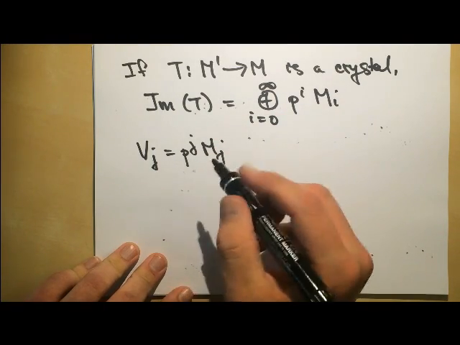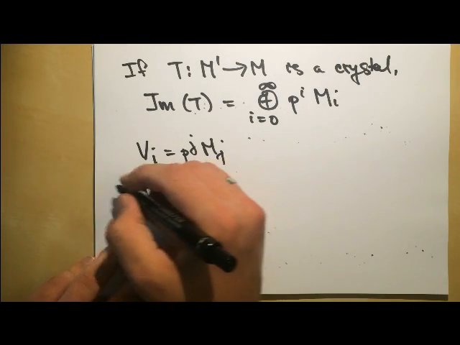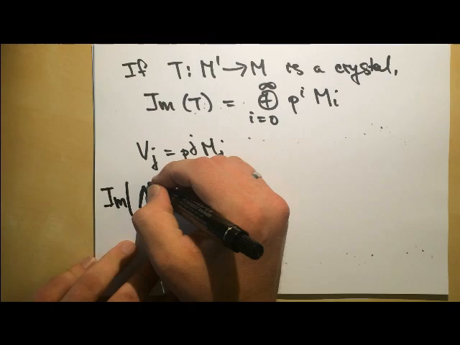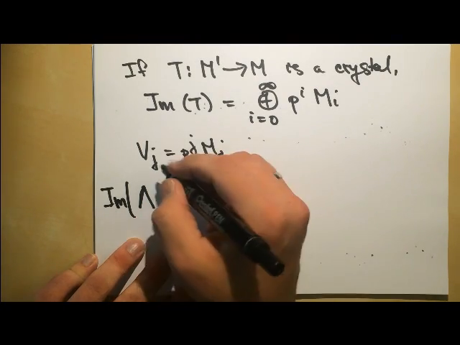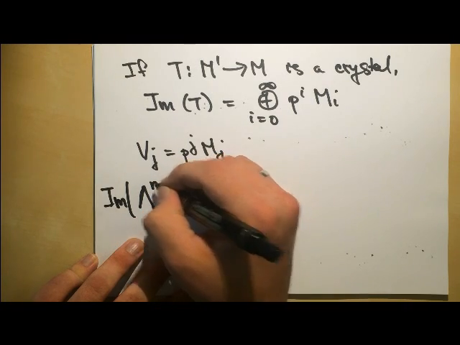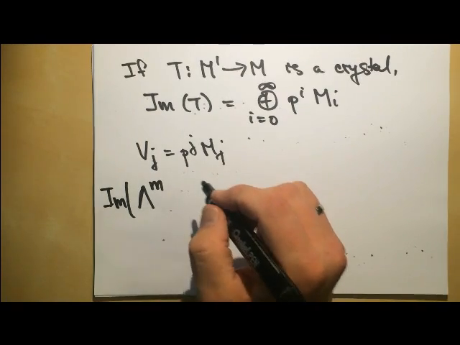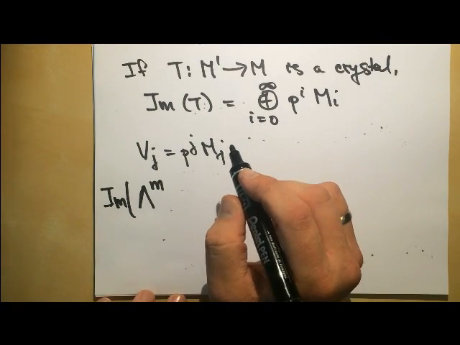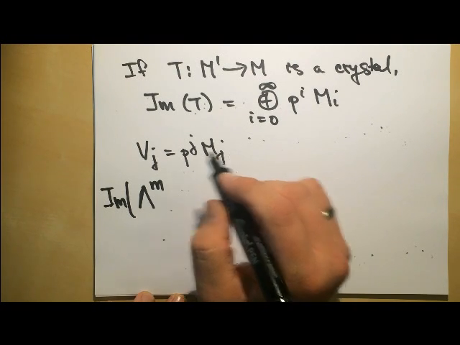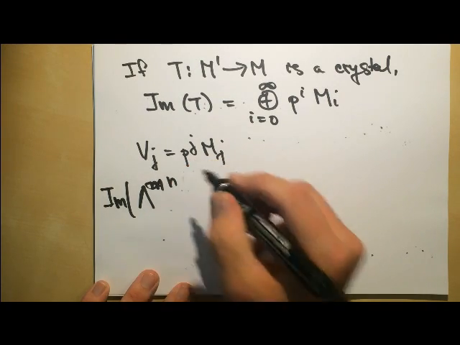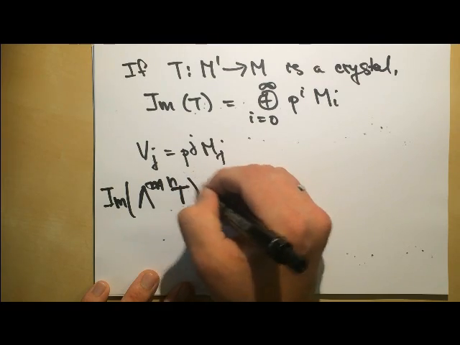Then we have the wedge power of the image. Let's do the nth wedge power of the image of T.